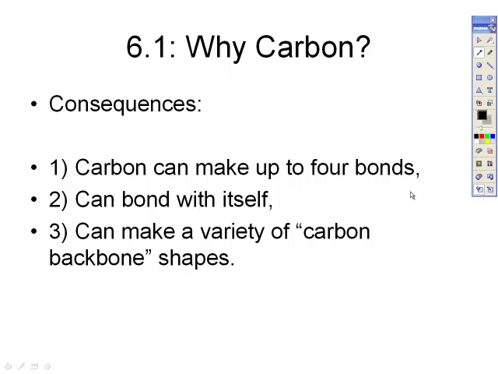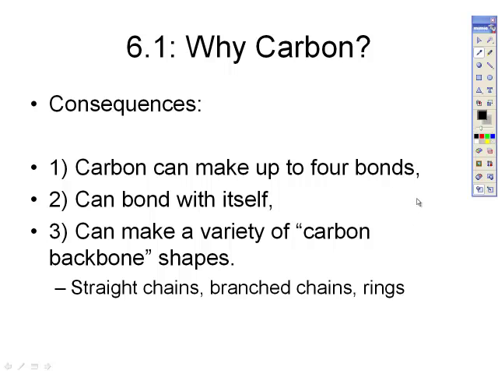And it can make a variety of carbon backbone shapes. For example, there can be straight chains of carbon, branched chains of carbon, rings of carbon. That gives us a lot of options, and each different one gives us a unique function as well. So those are 3 reasons that carbon is so awesome that it gets its own branch of chemistry.